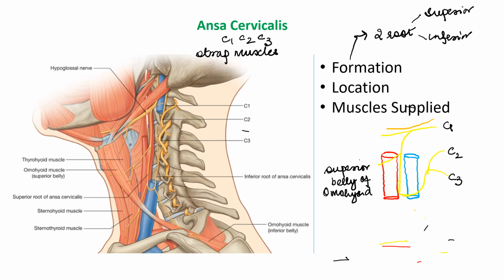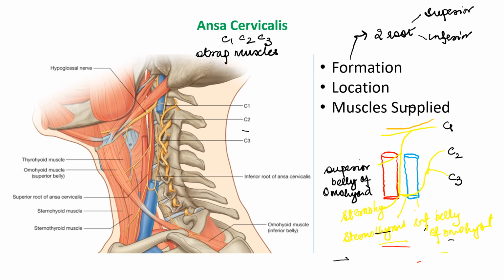Thereafter, when the Ansa cervicalis has been formed, we get branches to supply the sternothyroid, and the inferior belly of omohyoid.